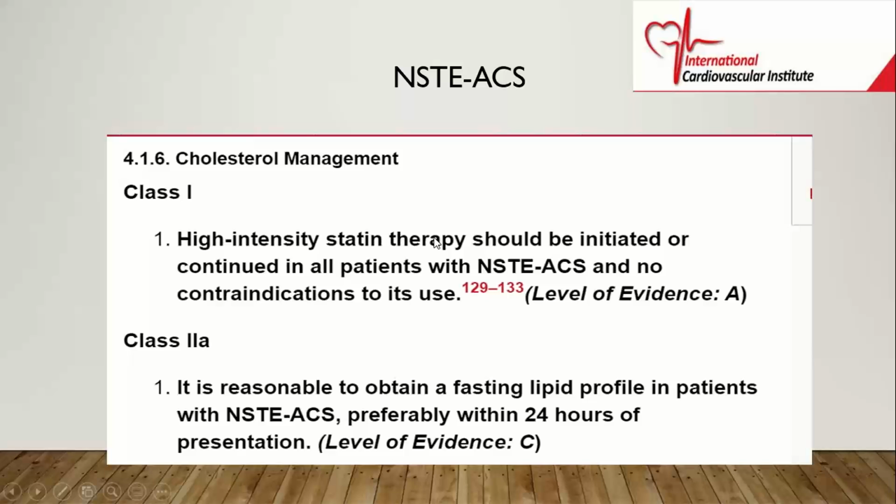If the patient has a risk which is greater than 10%, then they should be on high statin therapy. And acute coronary syndrome patients are at high risk for coronary artery disease. They may have active coronary artery disease. So these patients should be treated with high intensity statin. When we talk about high intensity statin, atorvastatin 80 milligrams, rosuvastatin 40. So make sure they're on those medicines.